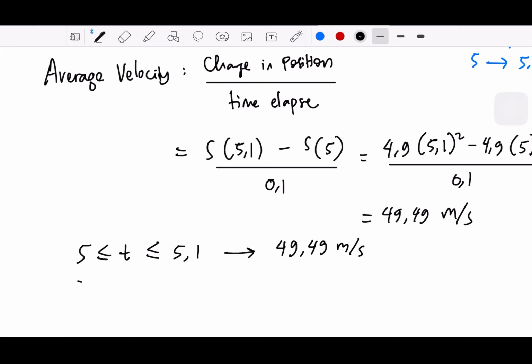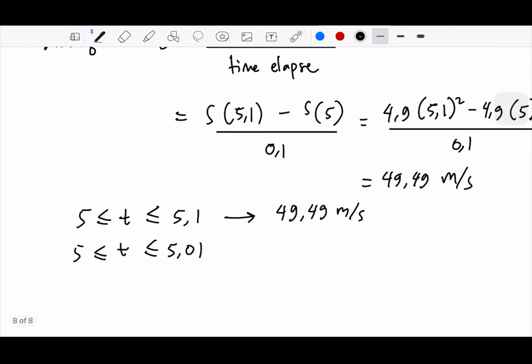And let's check a shorter interval. So let's check 5.01. So we have 0.01 seconds, and the result is 49.049 meters per second, if we input into the same formula over and over.